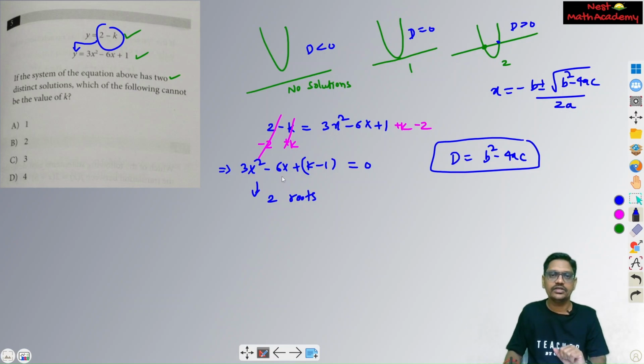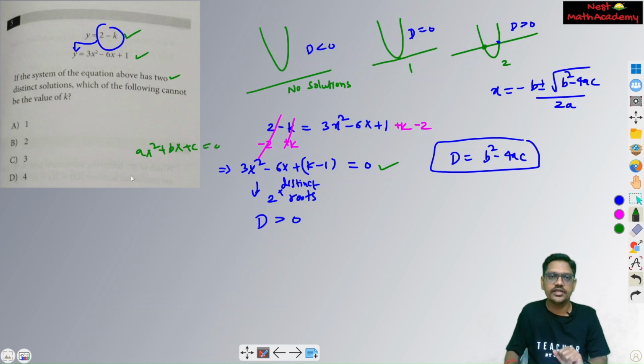So therefore here we want two distinct real roots. That means D, the discriminant of this, must be greater than 0. Making sense? For this system of equations to have two roots means indirectly this quadratic should have two roots. The quadratic has two roots only if the discriminant is greater than 0. Now compare with the standard equation ax square plus bx plus c and identify what are a, b, c.